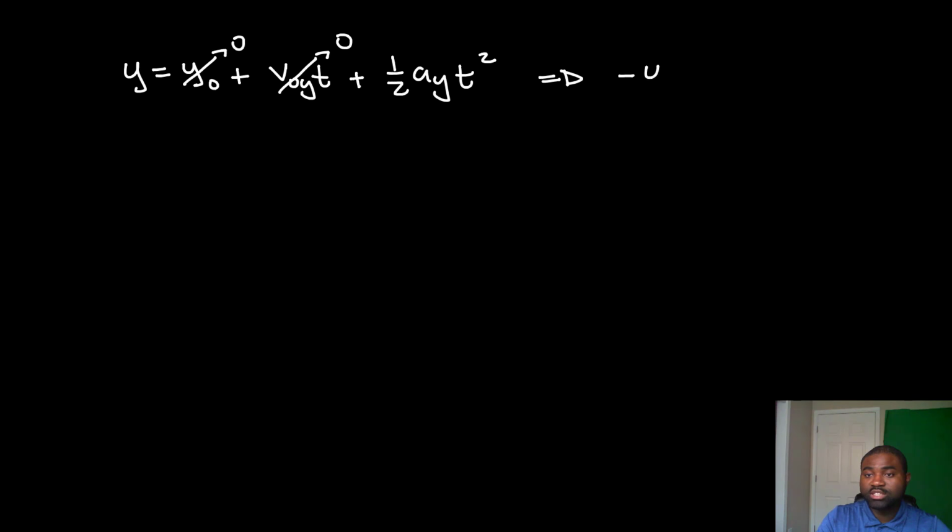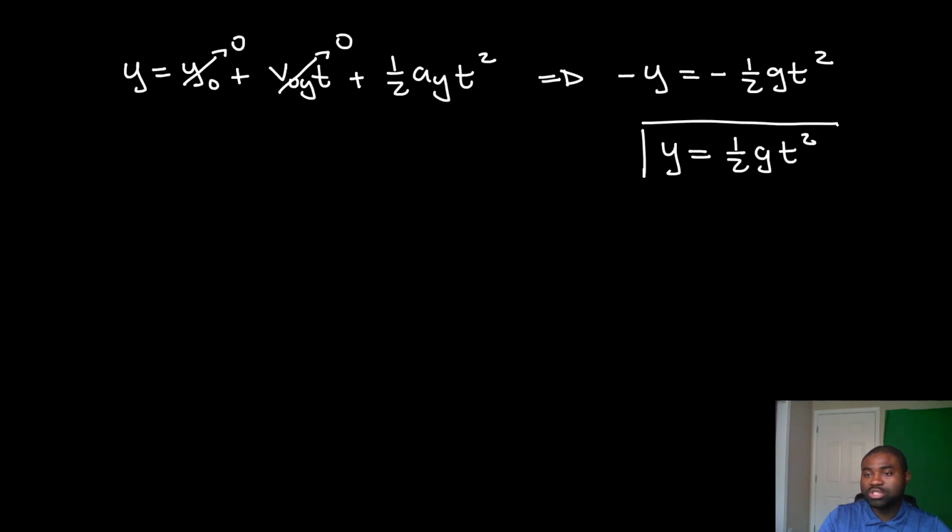So this is negative y equal to negative 1 half gt squared. This will give us y equal to 1 half gt squared. This expression right here tells us how the vertical displacement, or the vertical position, varies with time.